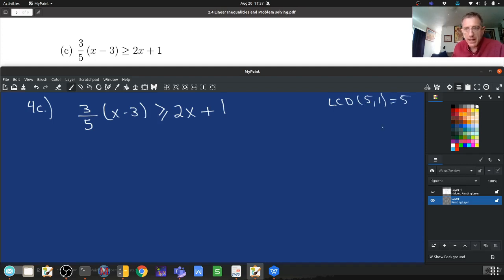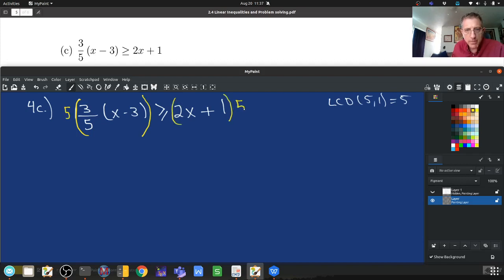So basically, I'm going to multiply the entirety. I want a different color here. These parentheses right here are really important. I want to multiply the entirety of both sides by 5.